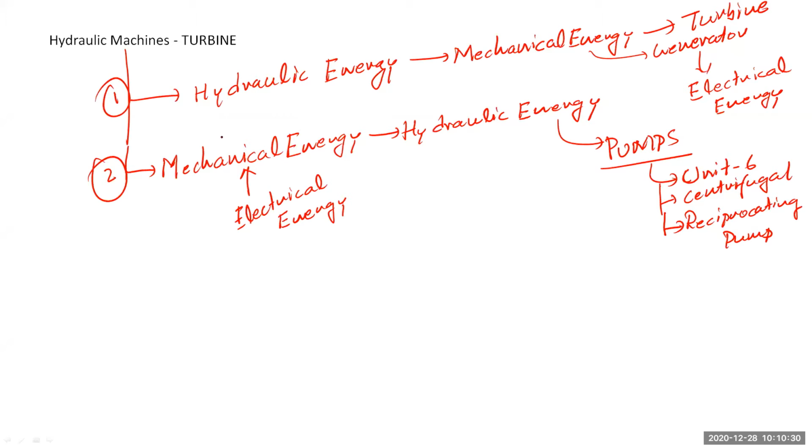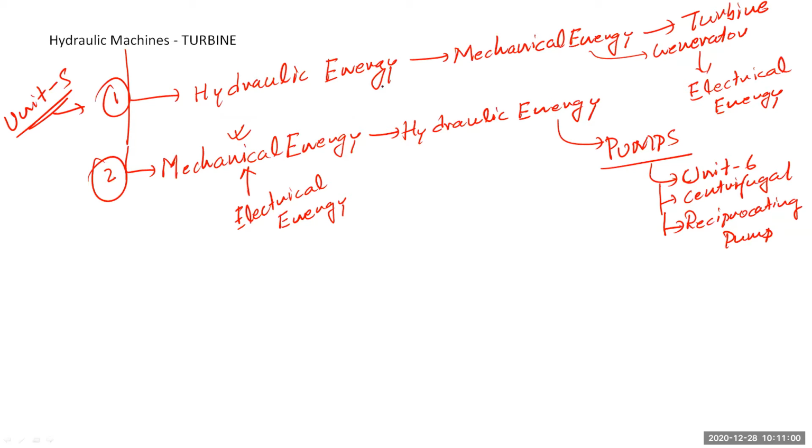From there you get some mechanical energy, and that mechanical energy is used to get hydraulic energy, meaning increasing the energy head of the liquid. So this is your pump and this is your turbine. In this unit, unit number 5, we will see hydraulic turbines in detail. I hope the meaning of turbines or hydraulic machines is clear to all of you.